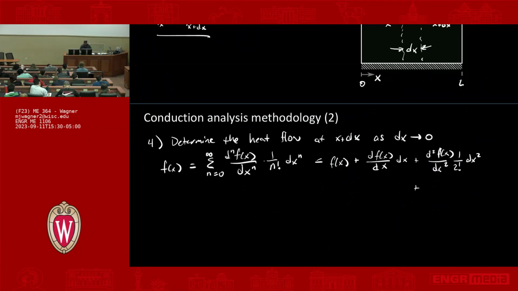And I'll just continue down here. So d cubed f of x over dx cubed times 1 over 3 factorial times dx cubed, and so on.